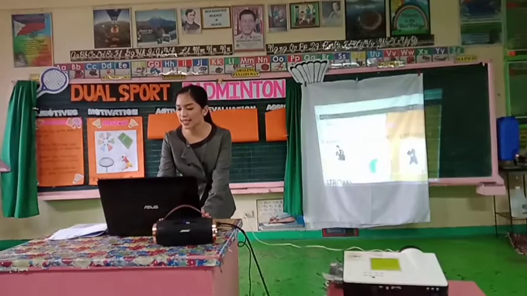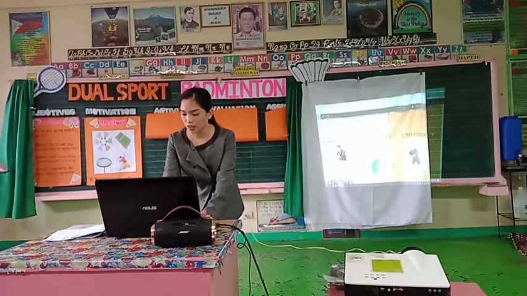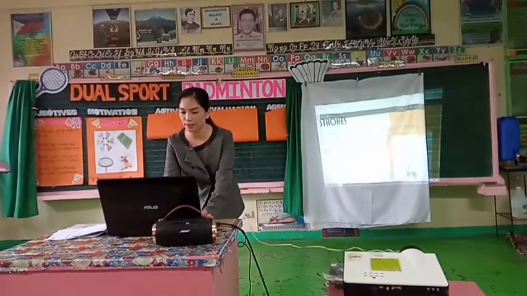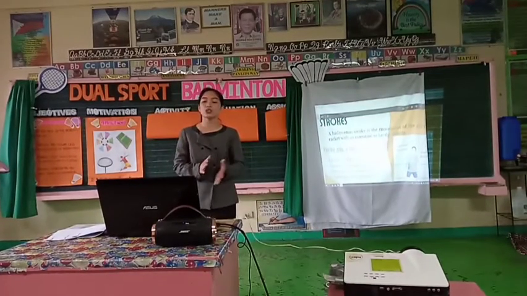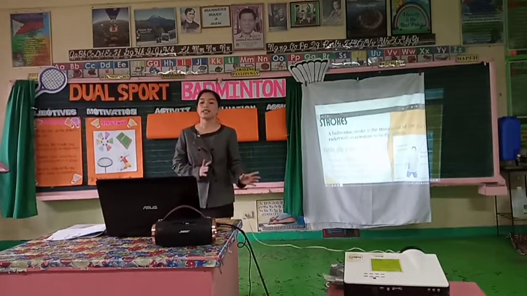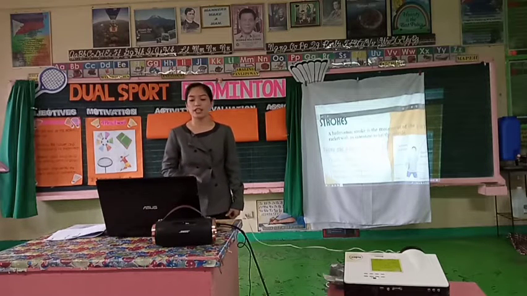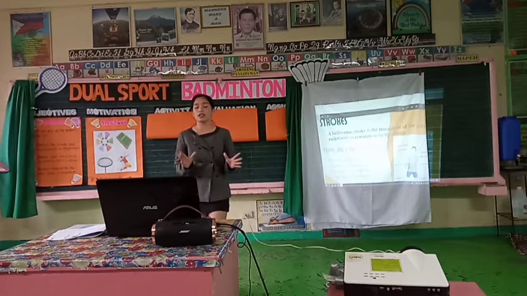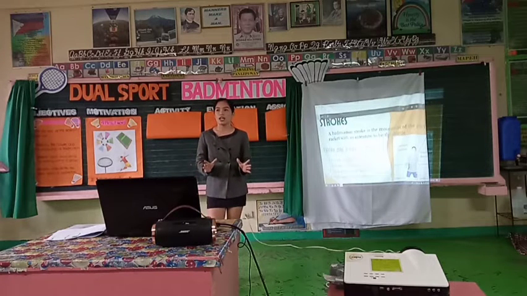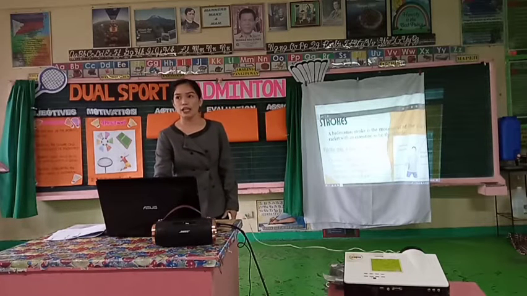Now let's find out the strokes in badminton. A badminton stroke is the movement of the player's racket with the intention to hit the shuttle. The strokes are fundamental to becoming a good badminton player and executing super shots.